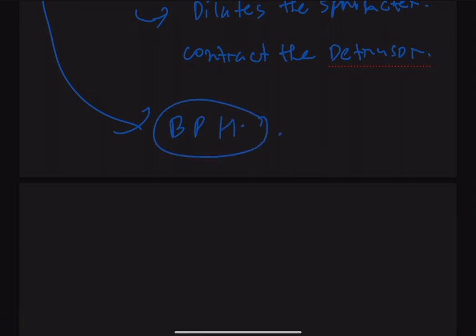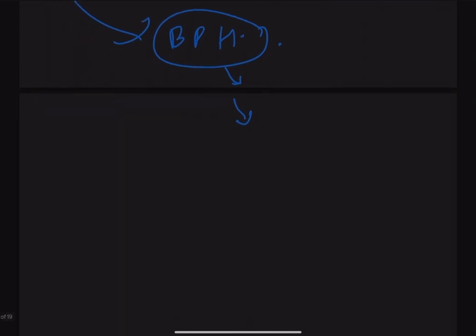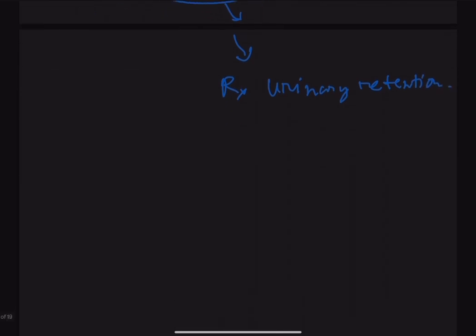So we use alpha 1 selective antagonist for benign prostatic hypertrophy, because there is retention of urine in the benign prostatic hypertrophy, and in treatment of urinary retention in benign prostatic hypertrophy, we use the drug called tamsulosin.